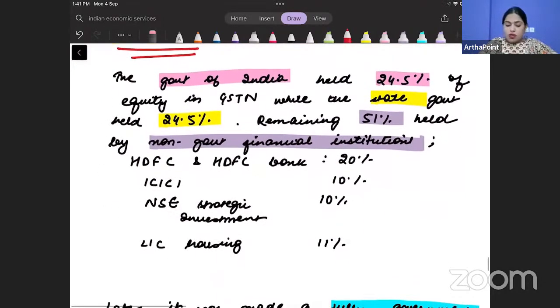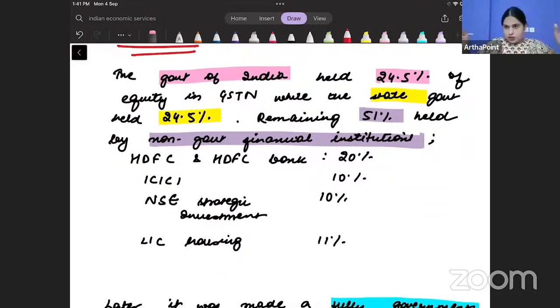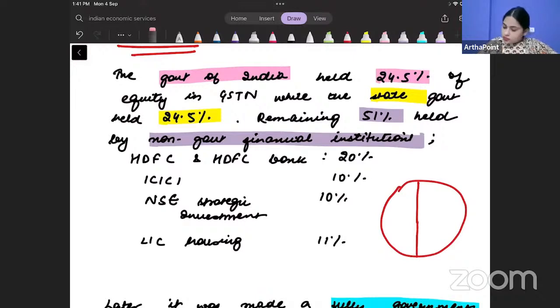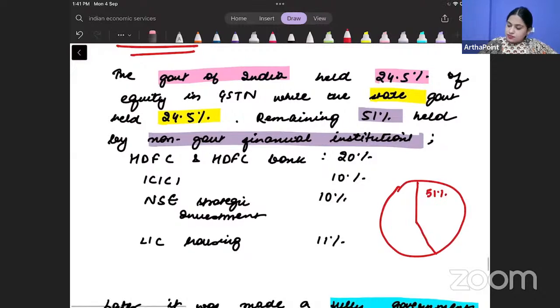But when we talk about the initial formation of this GSTN, there was a 24.5% share. See, this is 51% and this is 49%. Let me just write it like that.